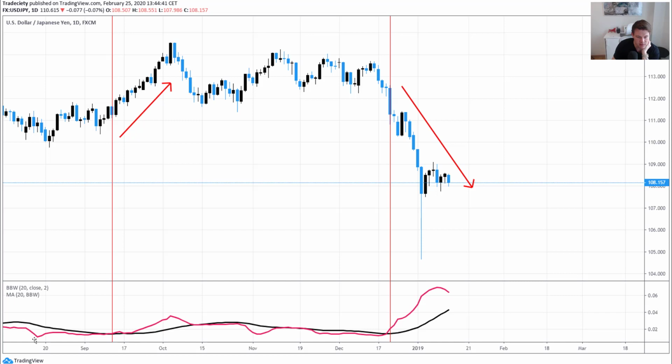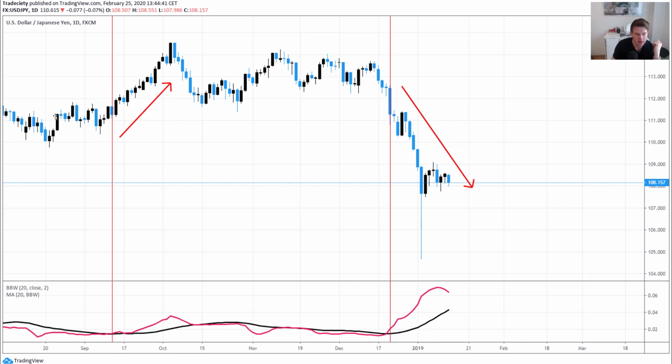The Bollinger Band width is the orange or red or pink line, whatever color you classify that. What you want is to have the Bollinger Band width trade above the moving average. You can see here the Bollinger Band width separated itself and traded above the moving average.